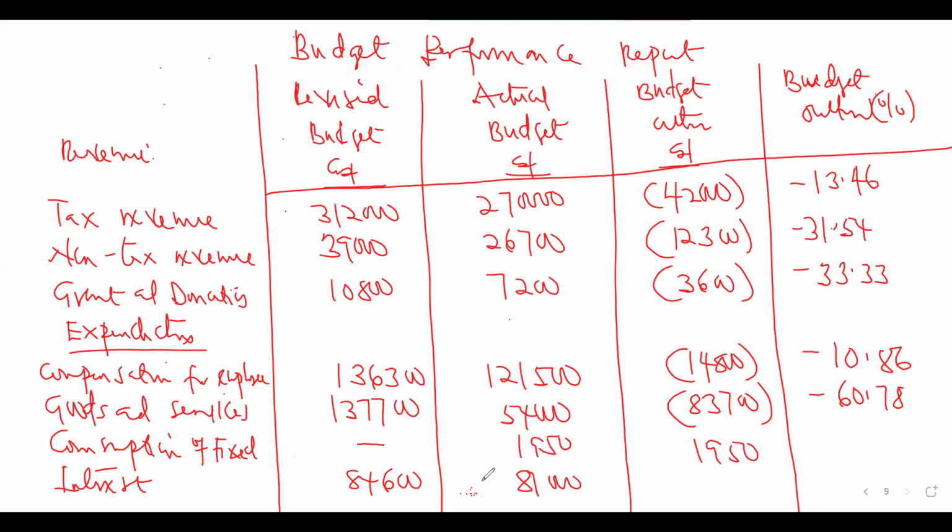That's a reduction of what? 3,600. What will be the outturn percentage for that? 4.26, negative. Okay, let's continue with the other ones.